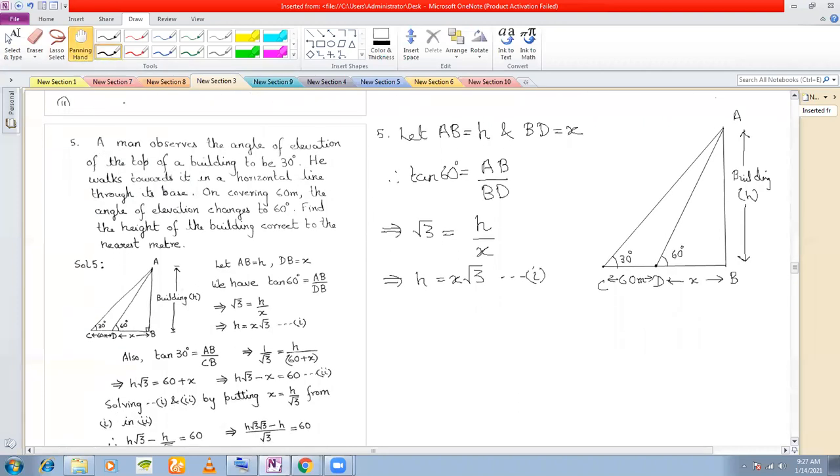We'll get the second equation with the help of the triangle ABC, the bigger triangle. So also tan 30 is equal to AB by BC. Tan 30 is 1 by root 3. AB is h and BC is x plus 60.